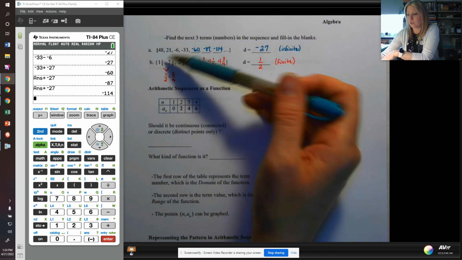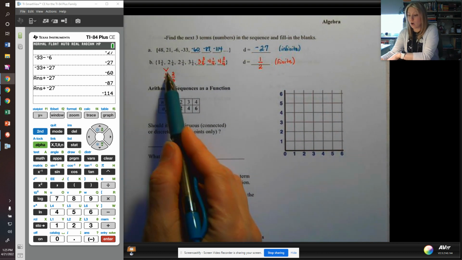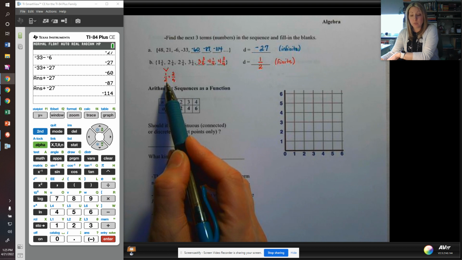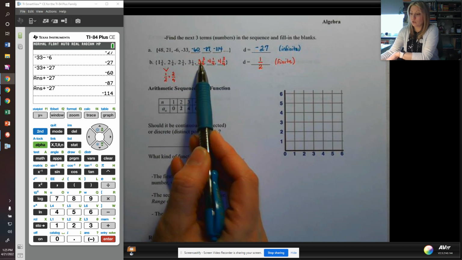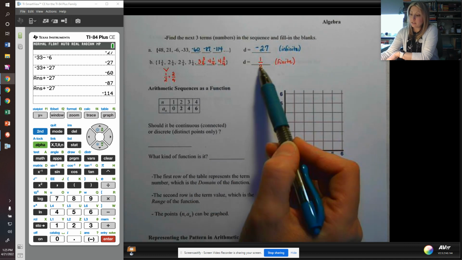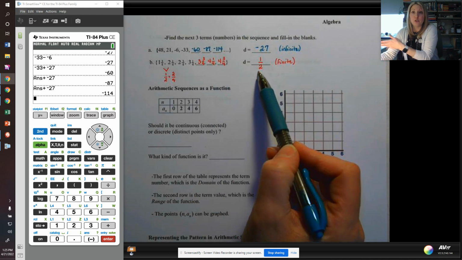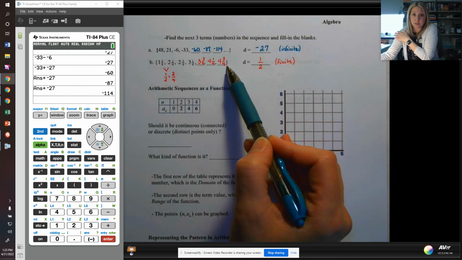Oh, it was 3/4 up to 1/4. Well, wait a minute. That's adding 2/4 or 1/2 each time. So 2 more fourths, 2 more fourths, 2 more fourths. I still represent it in reduced form, 1/2. And it is finite because there are no dots.